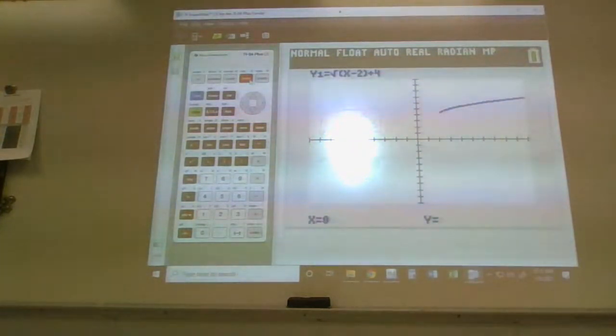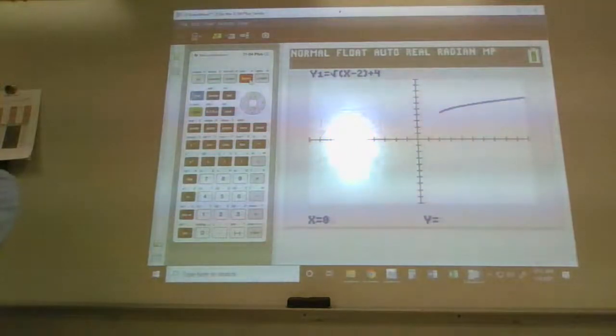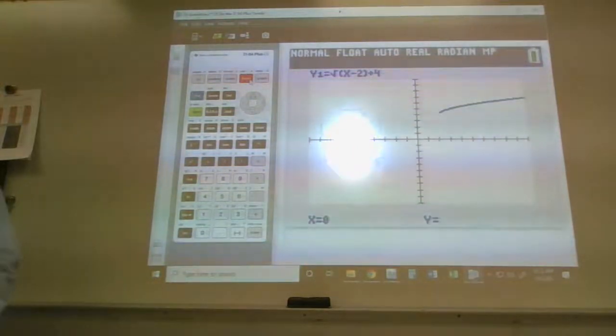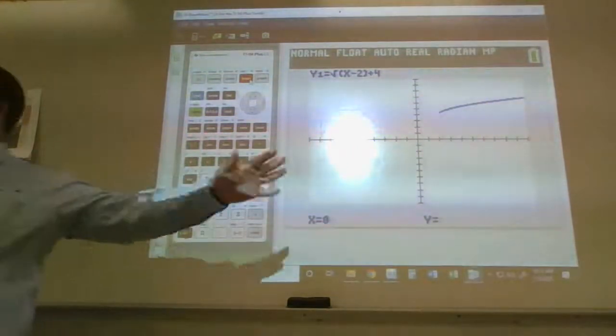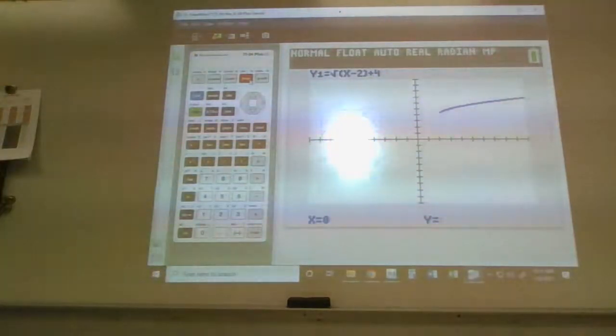Close. Think about the numbers you gave me. At +2, 4, though. You made the 2 negative, but it moved positive. There's a reason for that.